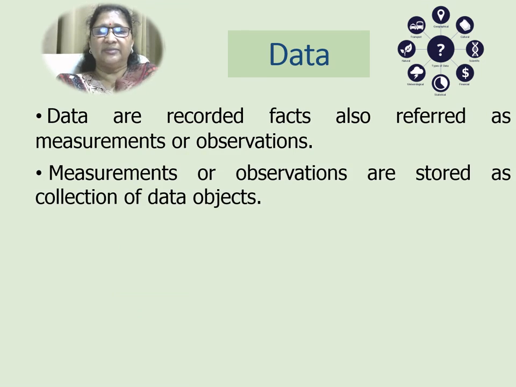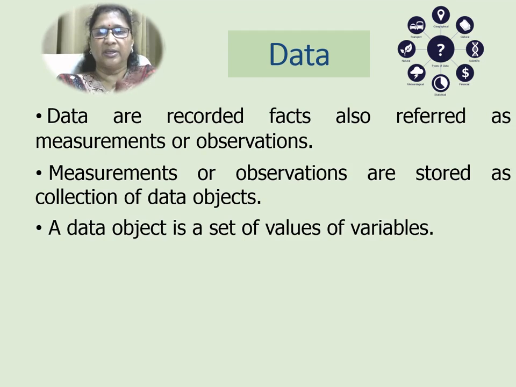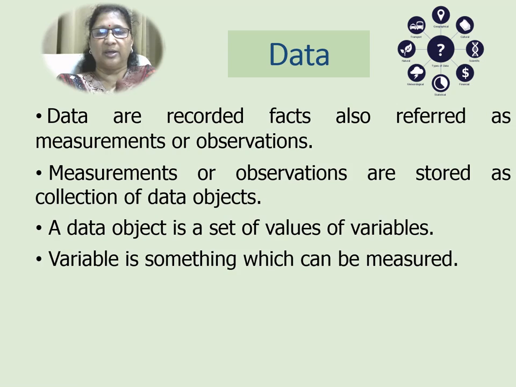We learned what is data, what is knowledge, information, and all in the first lecture. Data are nothing but the recorded facts. They are also referred to as measurements or observations. Measurements or observations are stored as a collection of data objects. And a data object is nothing but a set of values for variables.